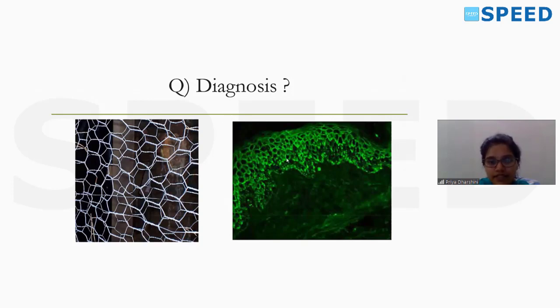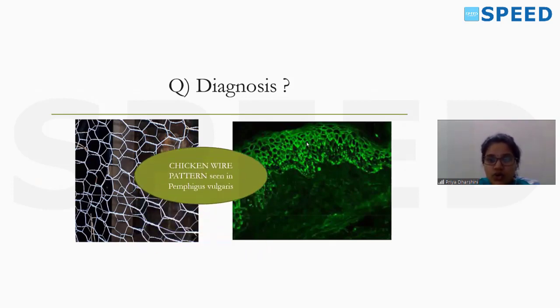In direct immunofluorescence, this is actually skin keratinocytes. In between the keratinocytes, the antibodies are there in the case of pemphigus vulgaris.